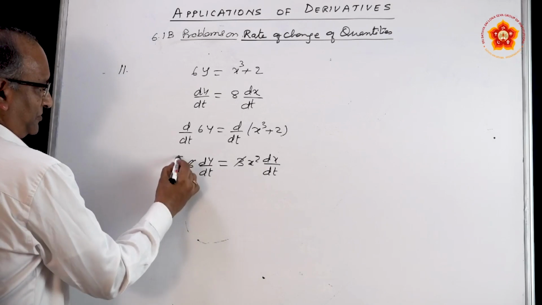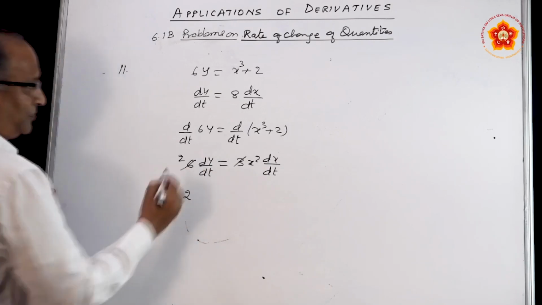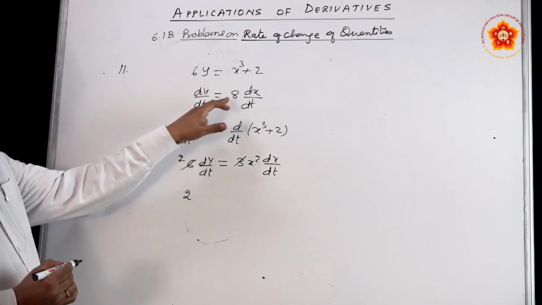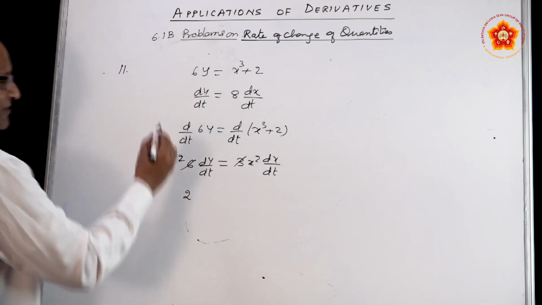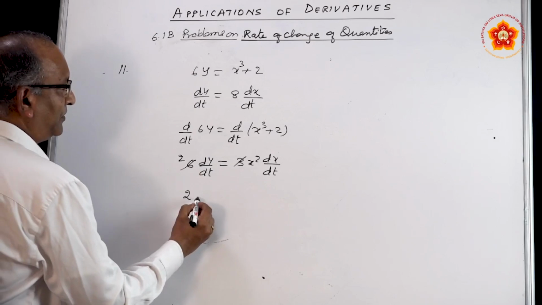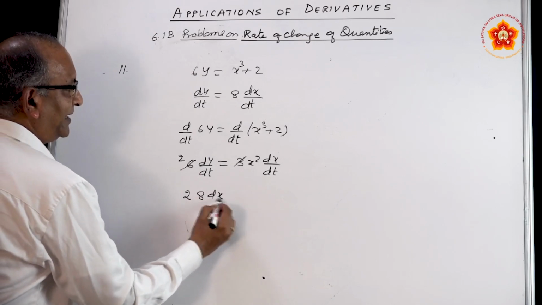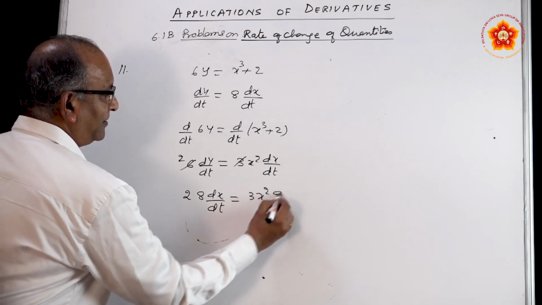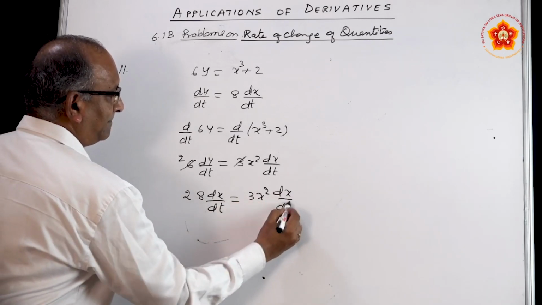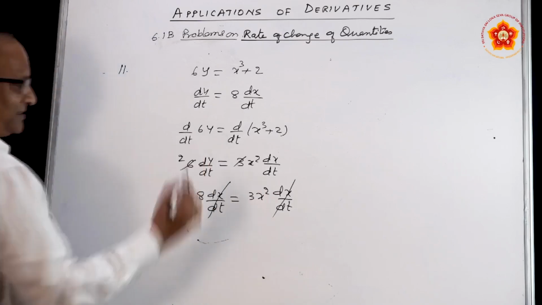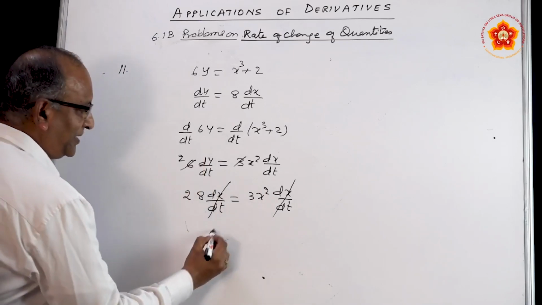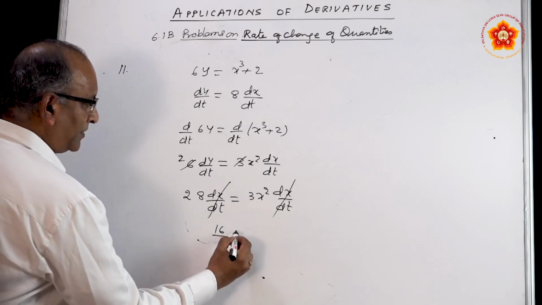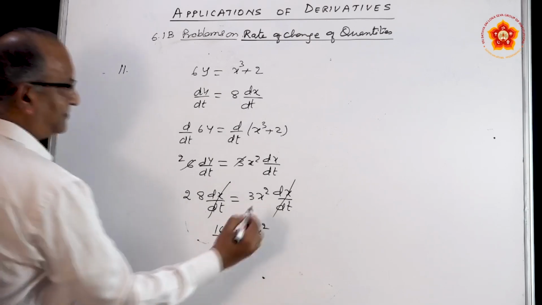He has already given that rate of change of y is 8 times that of rate of change of x. So, substitute that value: 8 dx by dt equal to 3x square dx by dt. Cancel this on both sides, and we get 16 by 3 equal to x square.